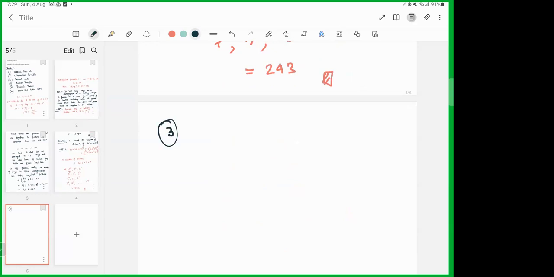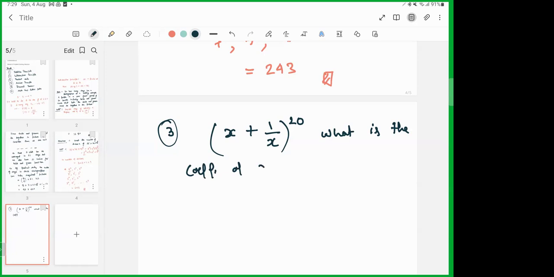So this is the third one, and it is easy. What is the coefficient of x squared in the expansion of x plus 1 by x to the power 20?